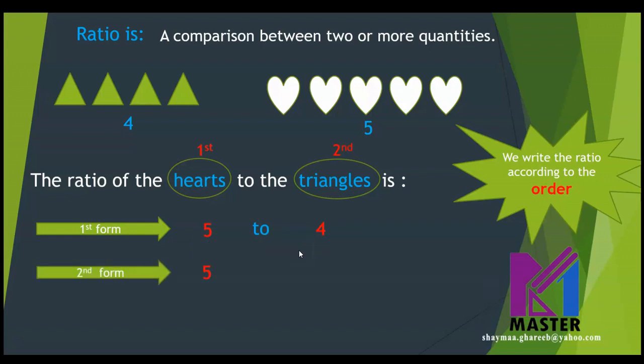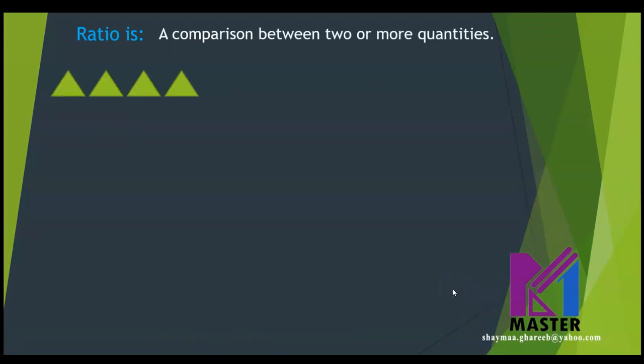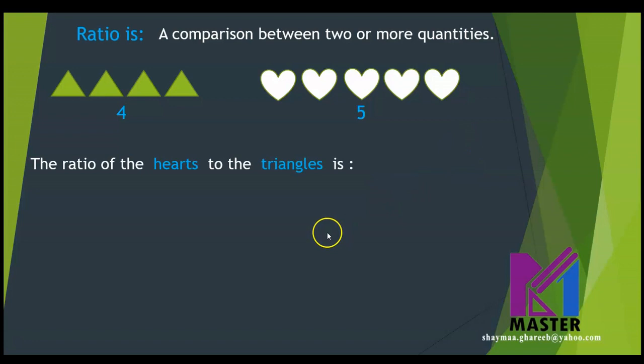Or I can write it using the colon, and this is a common way of writing a ratio using the colon. Or I can write it as a fraction, 5 over 4. Now look at this example. We have 4 triangles and 5 hearts.